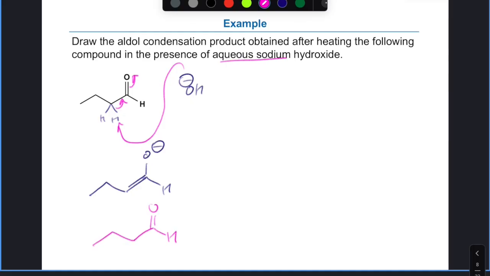Since I've got nothing else in the system, it's a dimerization, two molecules of the same structure. When we do the addition, that's our normal alpha-beta unsaturated system, and we're going to get the aldol. First is the aldol addition product.